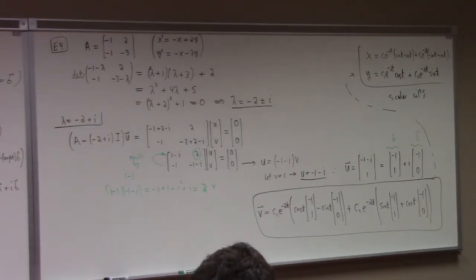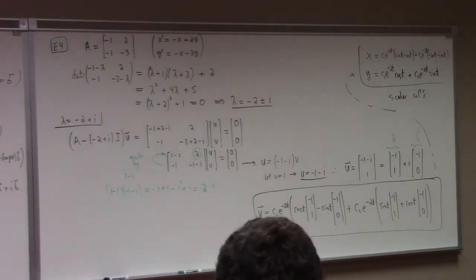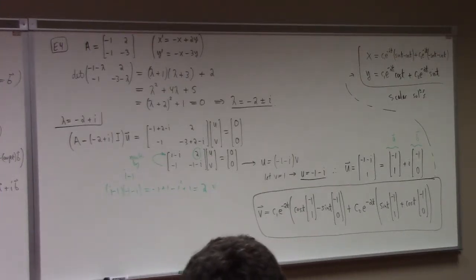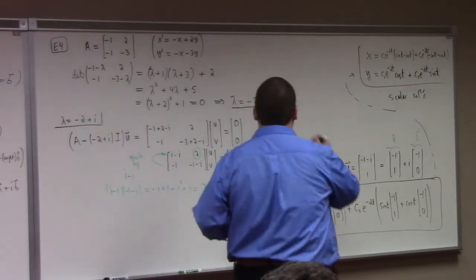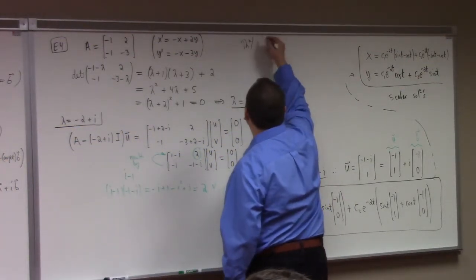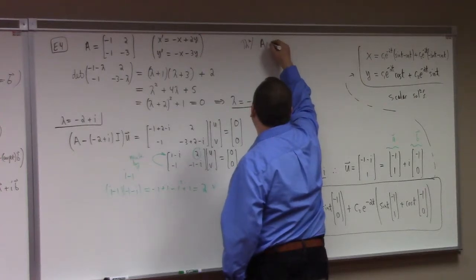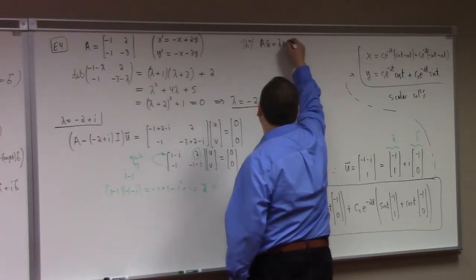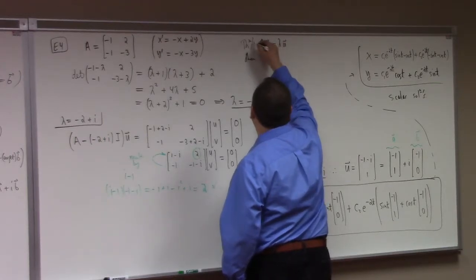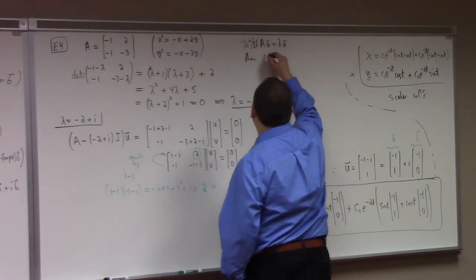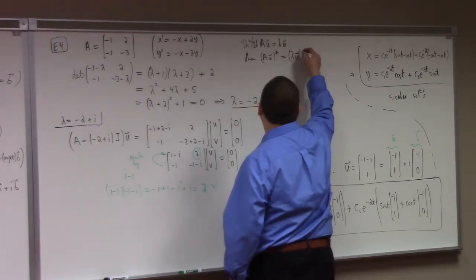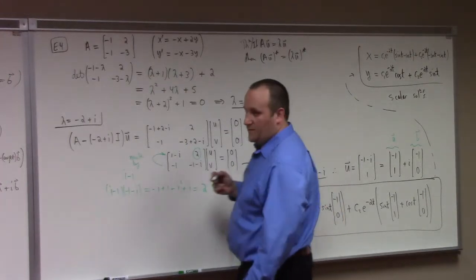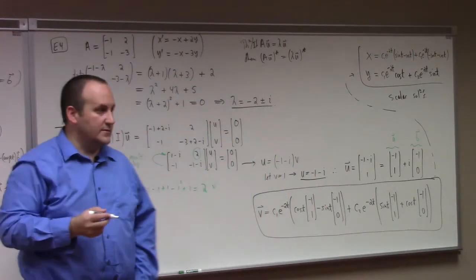So why didn't we need to use the 2 minus i? What would the difference have been? Here's the reason for that. If A is real, and if you have A times U equal to lambda U, then if we take the complex conjugate of both sides, I'll use a star for it, since my bars would interfere with my vector notation at the moment.